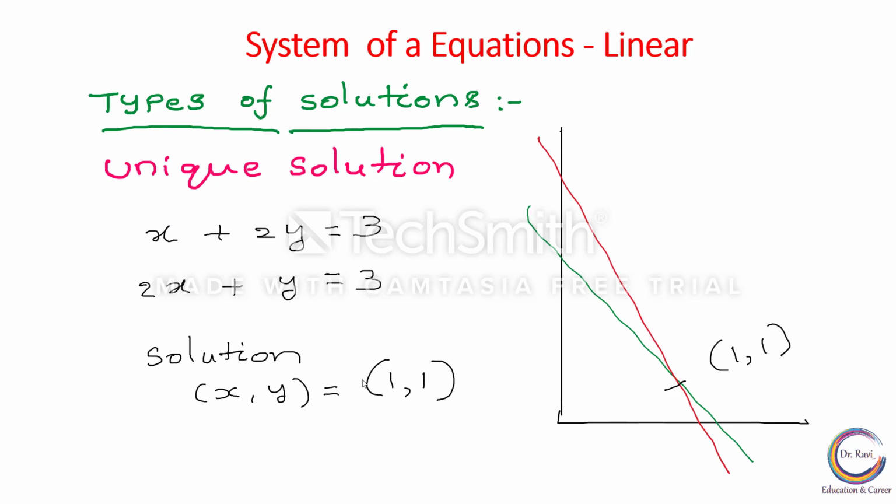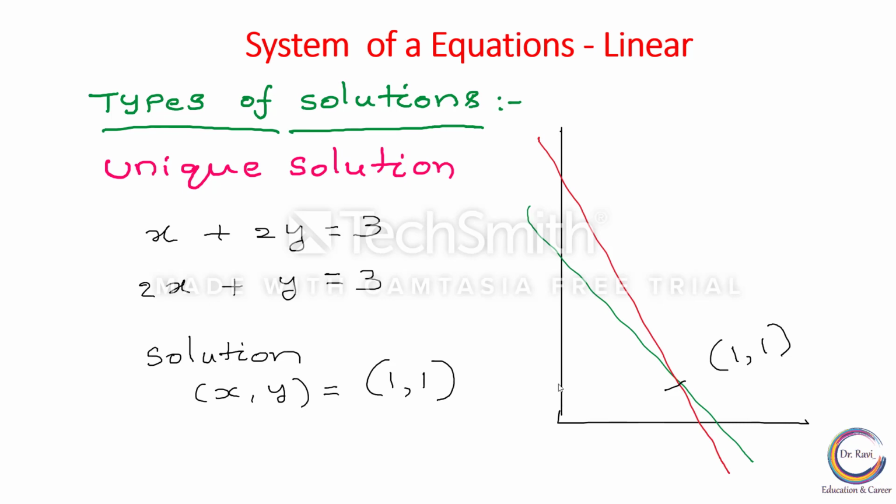So that means x equal to 1, y equal to 1 is the solution of the system of equations. And apart from x equal to 1, y equal to 1, there is no other value of x and y which satisfies both the equations given. That means the system of equations will have only one solution, that is what we call a unique solution.